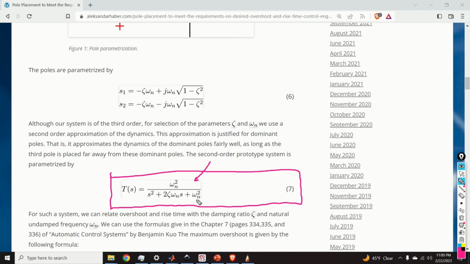Now, this approach approximates the dynamics of the dominant poles fairly well, as long as the third pole is placed far away from these dominant poles.